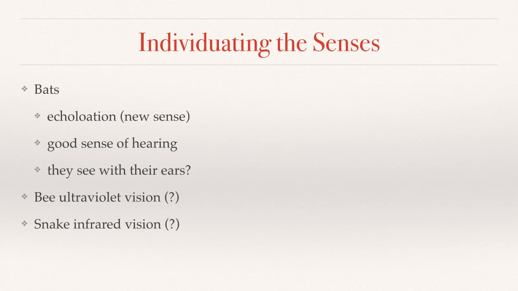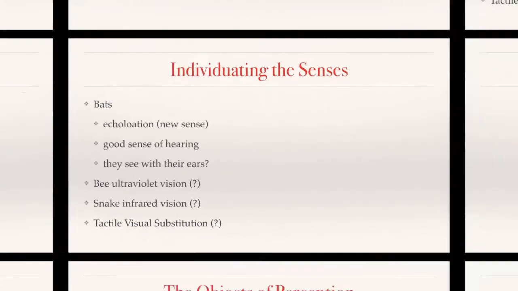And these considerations show us that you're going to have to do a lot of work if you want to keep it to only five, and if you want to say that these other ones are somehow versions of those. So for instance, in the snake, again, what do you say? It has infrared vision or this new extra sense? Okay, so we've already talked about this visual substitution stuff, but again, there's a question about how you individuate the sense of vision and whether this throws a monkey wrench in it.